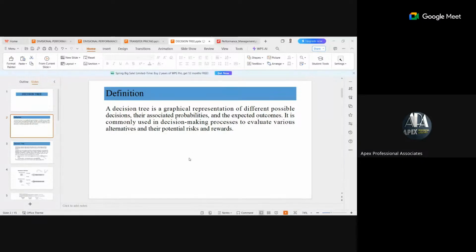That is, a decision tree is a pictorial representation of a series of interrelated decisions using a decision node or a chance node. A decision node is in the form of a square. A chance node is a circle.